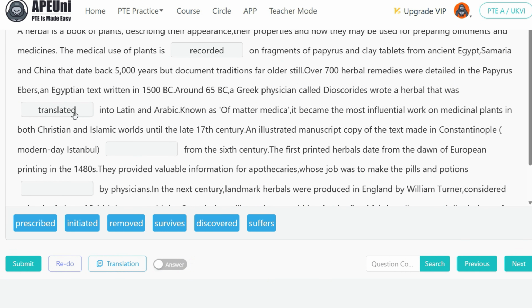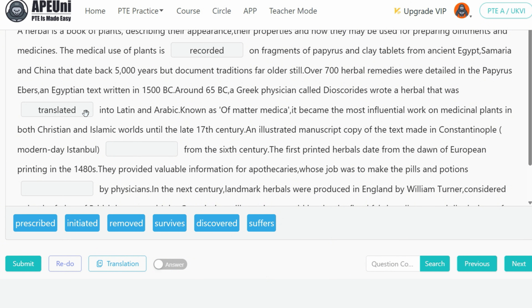We have chosen translated because it refers to changing the text into different languages, into Latin and Arabic. Grammatically, translated describes the action of converting text from one language to another. For example, the book was translated into French and Spanish. Another example: ancient manuscripts were translated into different languages for study.